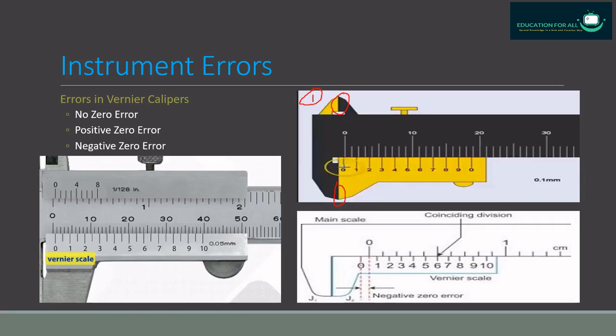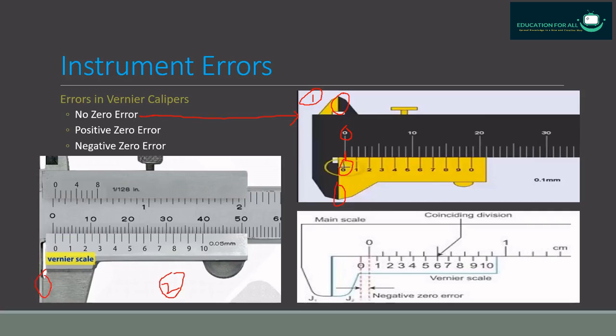When you join the jaws, if the 0 of the vernier scale coincides with the 0 of the main scale like this, then this means there is no zero error.